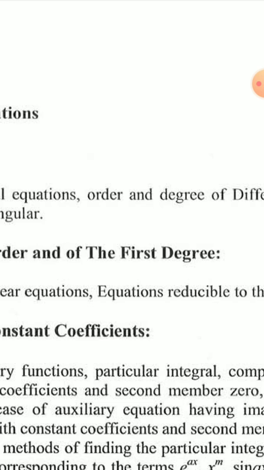And the second is obtained by putting or giving particular values to the arbitrary constants present in the general solution. Such a solution is called a particular solution. Okay.